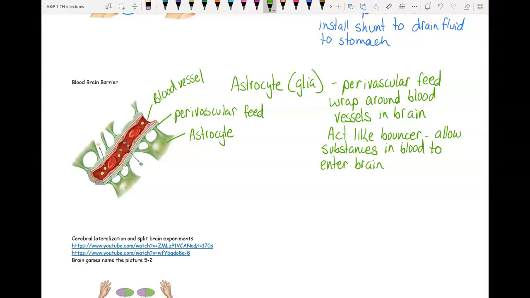So if there's something bad in the blood that they don't like, they don't let it through. They do have a weakness. And that weakness is lipid-soluble molecules.